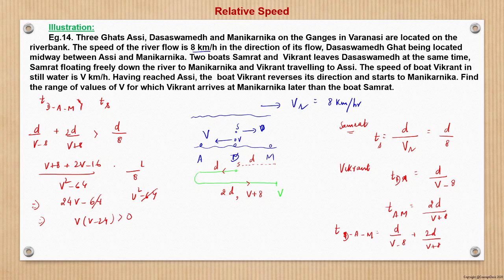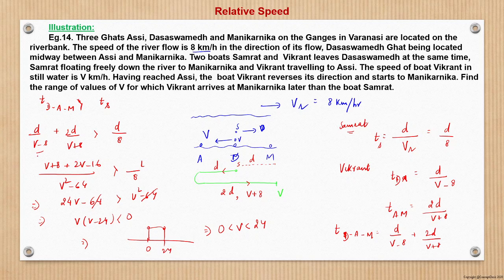Vikrant takes more time to reach, so here it will be less than. So V should be between 0 and 24.